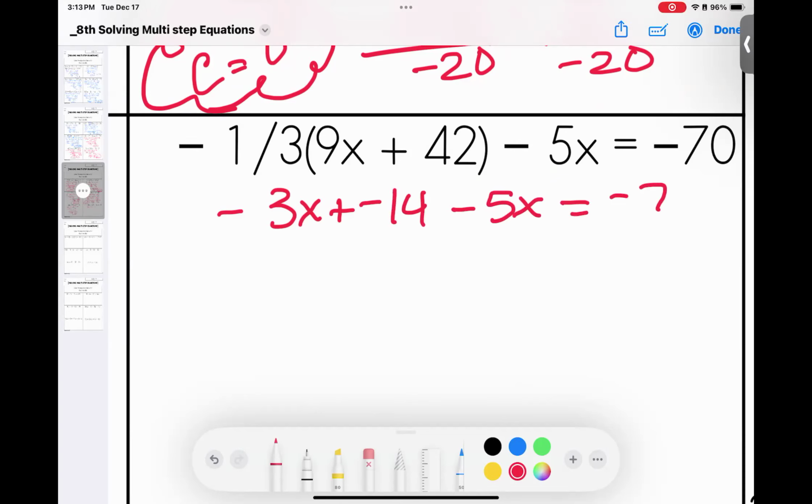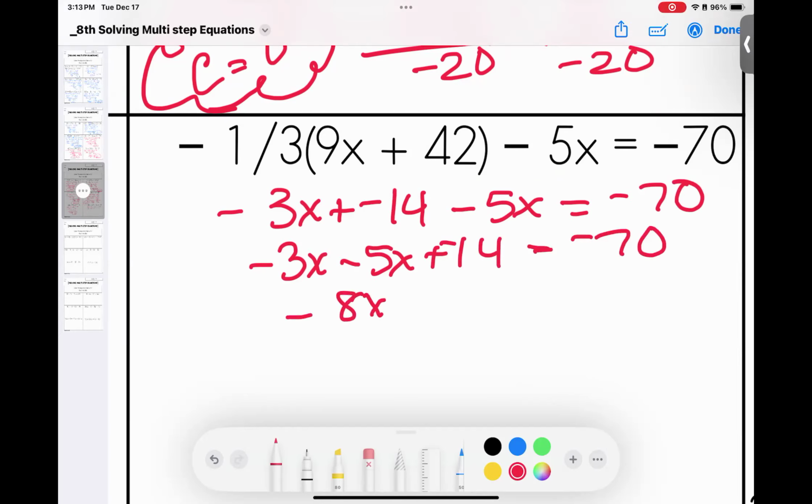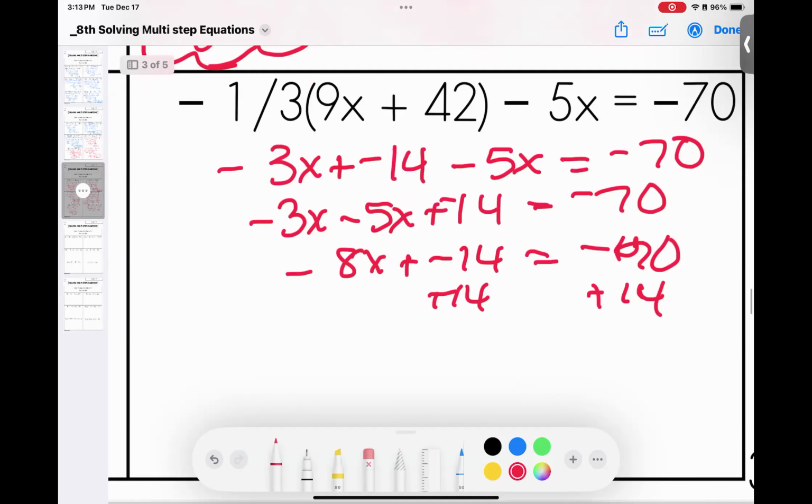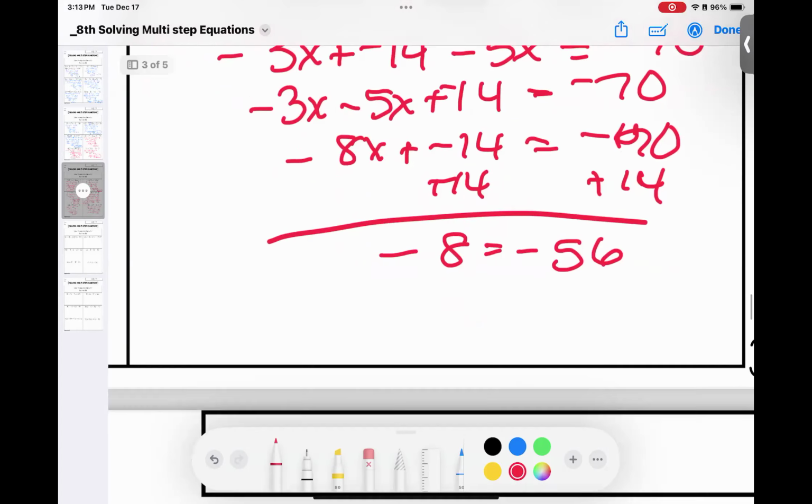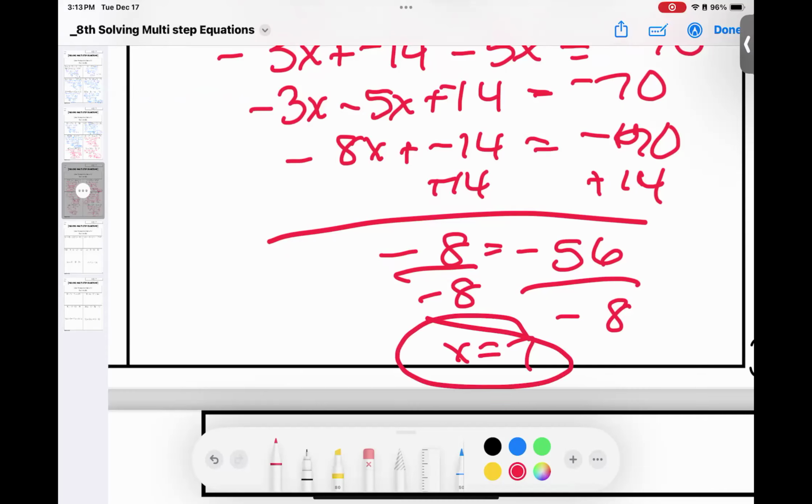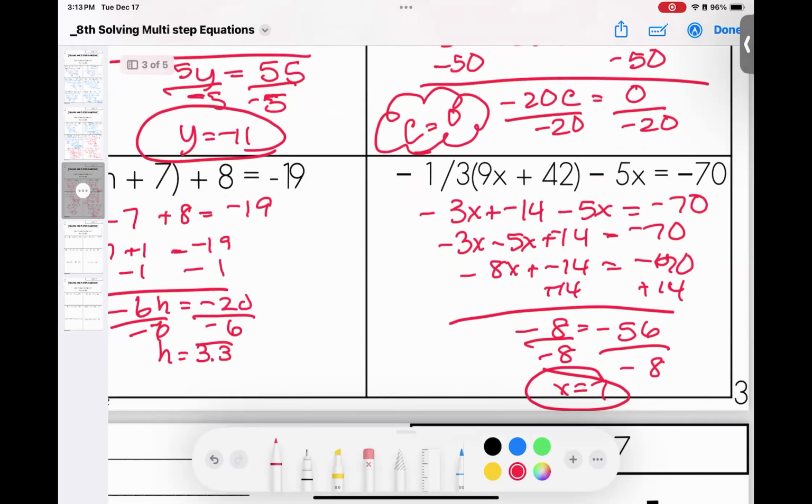Don't overthink it. Negative 3x minus 5x plus 14. Negative 8x plus negative 14. Add 14 to both sides. Really need to slow my handwriting down, but my brain just likes to go fast. Divide by negative 8. x is equal to 7.